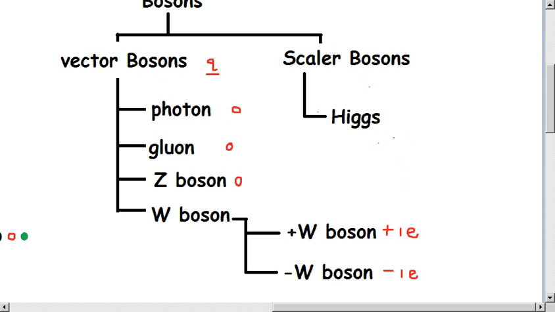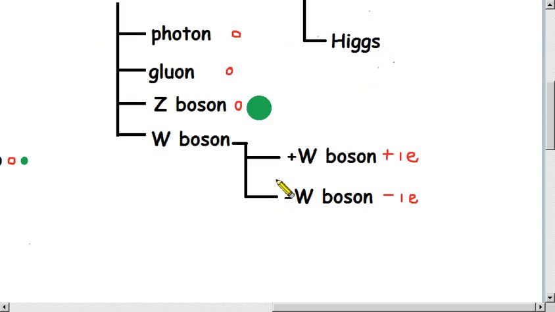Now the mass, in green color I write, masses are like this. The heaviest one is this Z boson. There are values, but you don't have to know those things, because the exam will not be that tough. So these are the sizes of these other bosons.